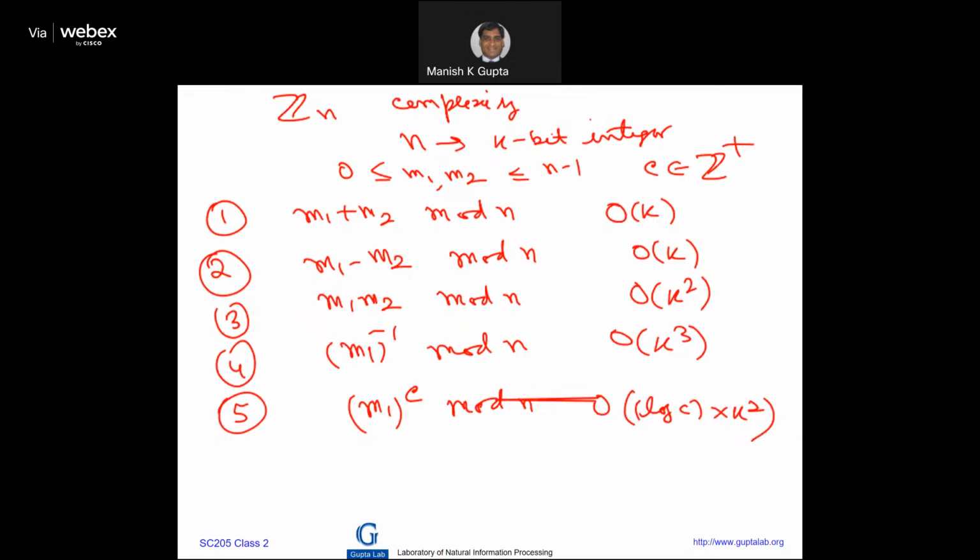These are very beautiful complexities. You may want a proof of it. I am assuming from your design and analysis of algorithms course and some portion of discrete math that you know about these things. If not, take a cup of tea and try to prove it. What is the complexity? You compute it, right?